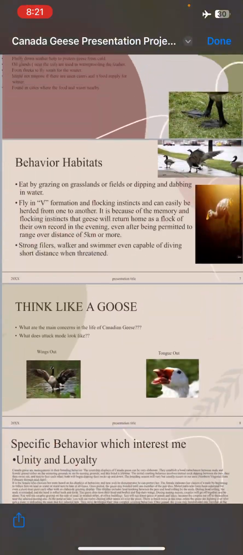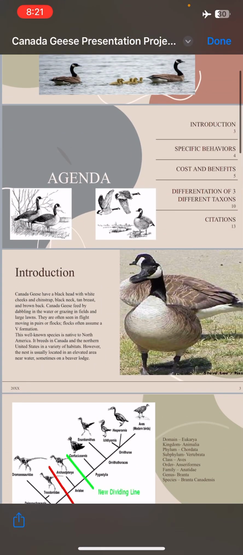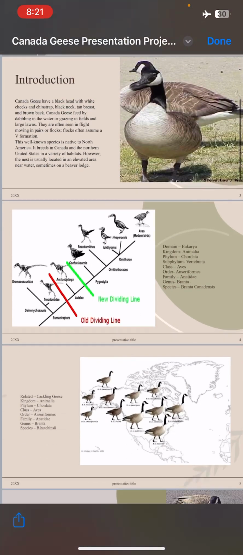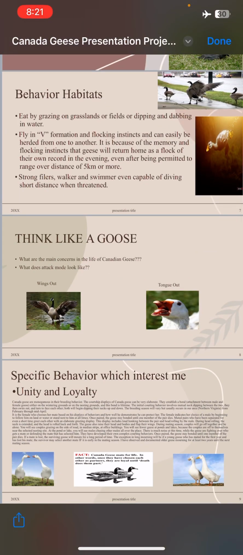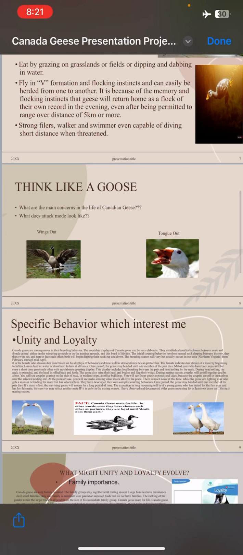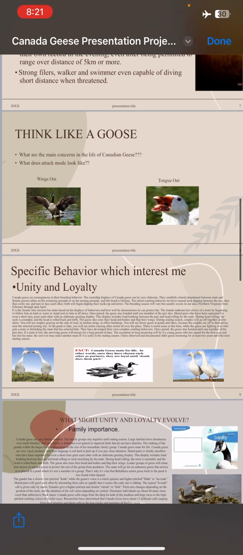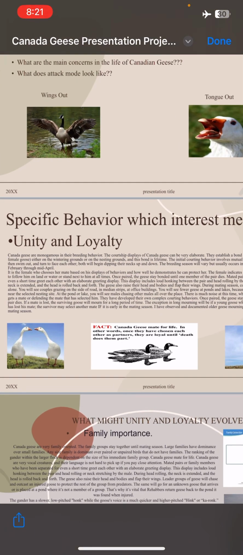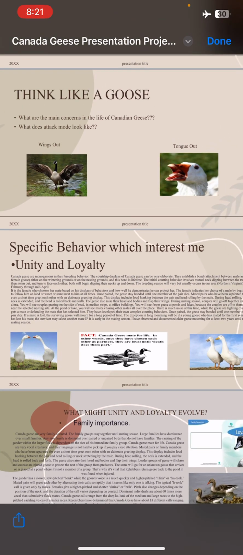So based on my study of the Canadian geese presentation, all the data that I learned, the most interesting thing is, based on all the habits that they have, unity and loyalty. It's the most amazing thing that I can learn from these species. They always protect, and they stick with one partner for a lifetime, and they always stay as a group, and they mostly have one main, how can I say, leader goose who leads the team.